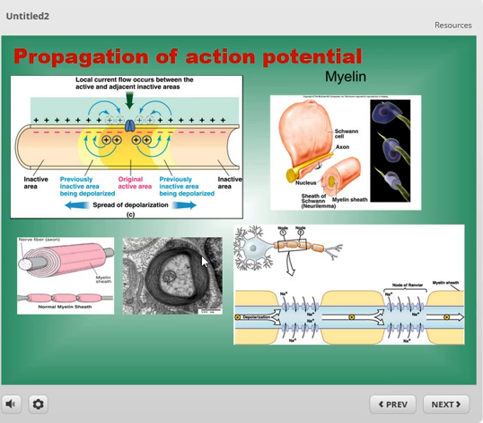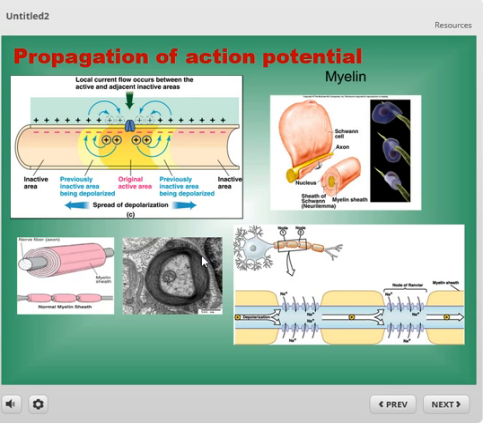Myelin acts as an insulator, preventing ion flow across the membrane in the myelinated regions, which speeds up the conduction of the action potential significantly. This allows for rapid transmission of signals with less energy expenditure.